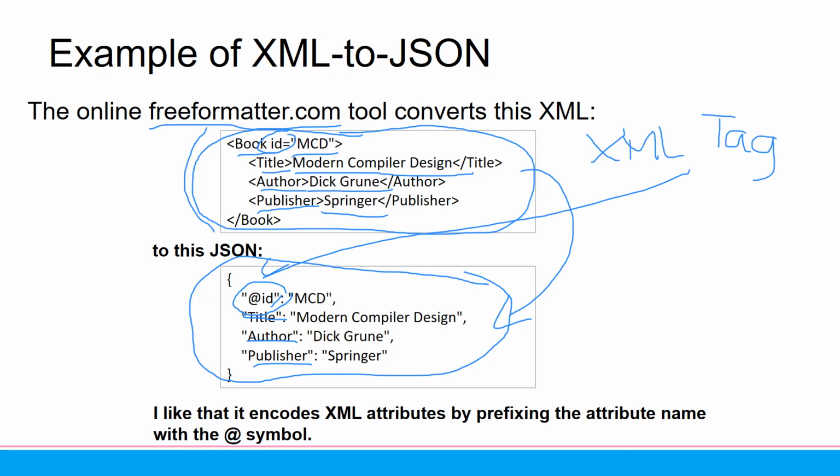There is a need to encode the XML attribute into the attribute name in JSON, so it gives a symbol to represent the ID. That kind of thing is just the detail of how they do the formatting from XML to JSON. If you have interest in this domain, you can just utilize freeformatter.com.